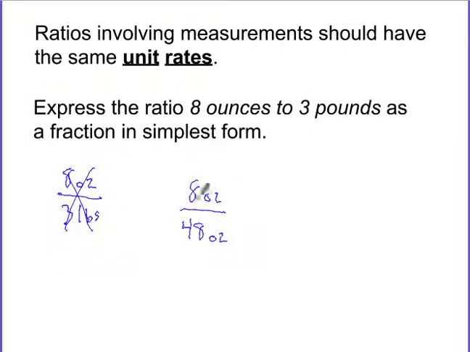And since we've got them in the same unit, we really don't even need to worry about the label. So we could just set up our ratio as 8 to 48, and then we have to simplify. So simplify it. 1 over 6.